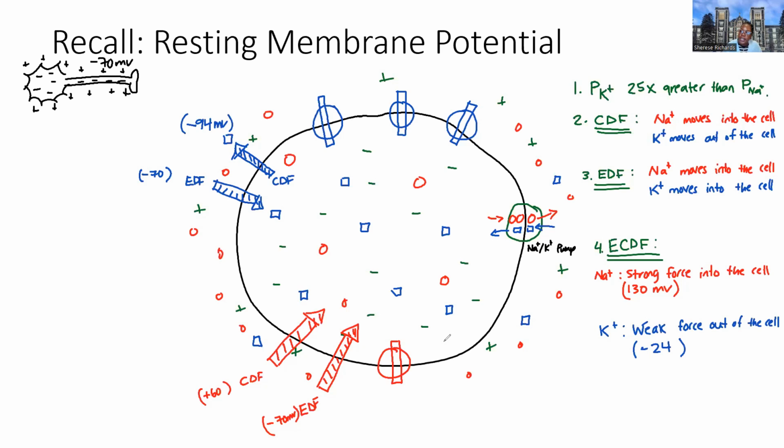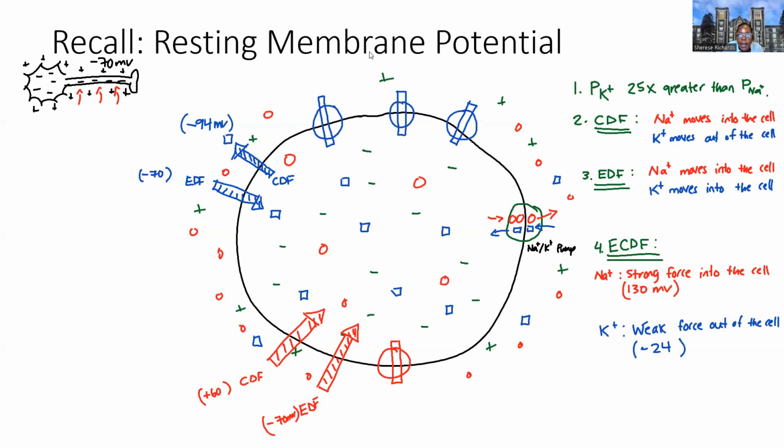So when we consider the action potential, we're going to think about other channels on the membrane, not necessarily the leak channels that we're looking at here, but other channels that are concentrated along the axon of the neuron that are going to be important in moving sodium into the cell, which is what initiates the action potential. So that is really the basis for understanding the action potential.